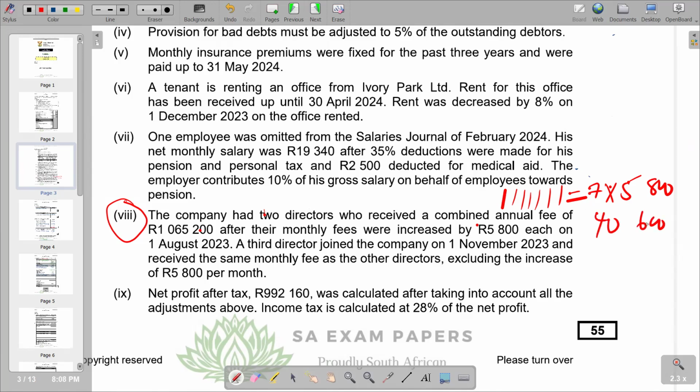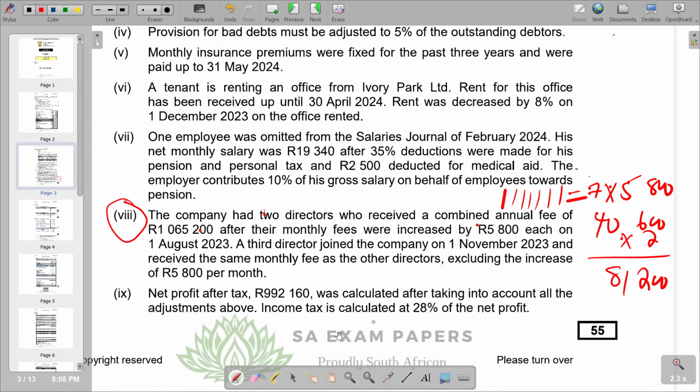And then you get 40,600. So remember, there were two directors, so you're going to multiply by 2. There were two directors that received the increase. So we multiply by 2, and the total we subtract from the 1,065,200. So it becomes 81,200.